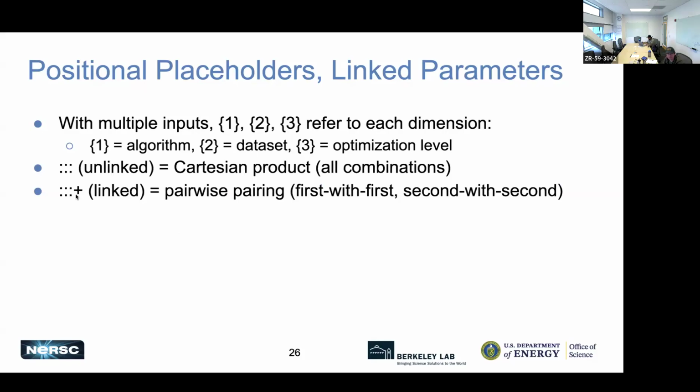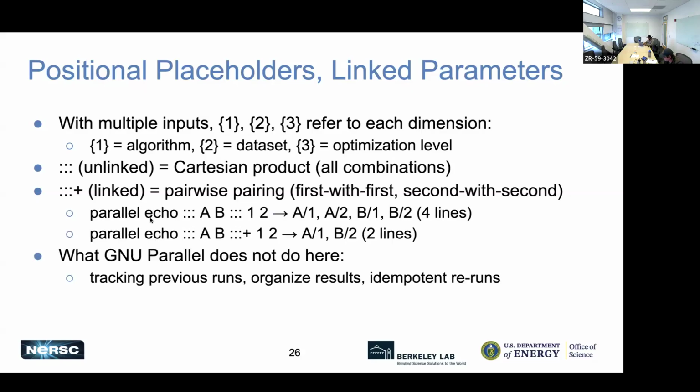And there's also the ability to add this plus sign here to get you a link thing where instead of doing the product, it's just going to map them 1 to 1 to 1. So you would be doing sort of slices of your dimensions instead of the full Cartesian product.